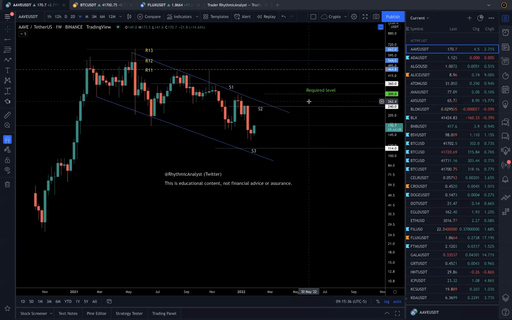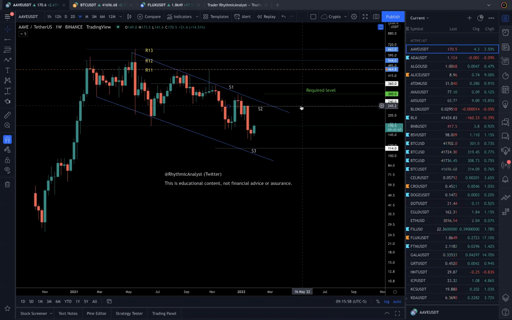see here. Now the required level, just for clarification, it's not that there is no opportunity unless the coin hits the required level. So that's a quick clarification. The required level is a level which is needed for trend reversal, for a new all-time high.